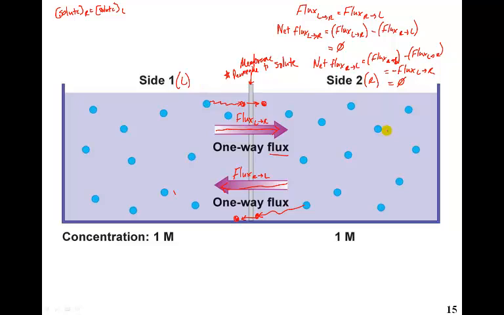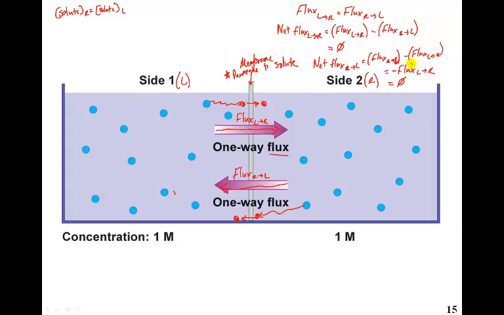Sorry, it's a little messy here, but you get the idea. So net flux left to right is 0, net flux right to left is 0. There's no net movement of molecules, no transport.